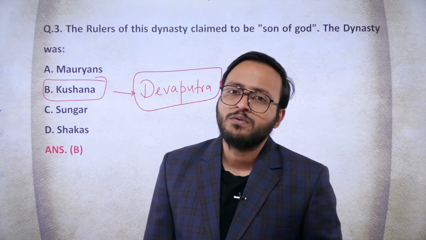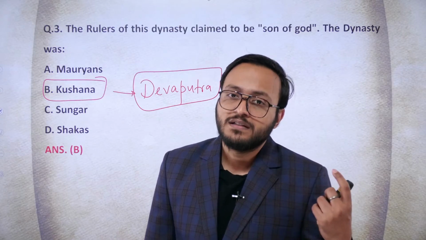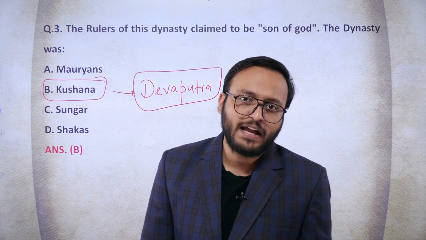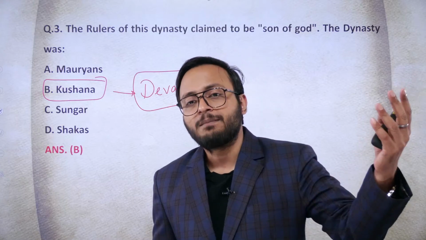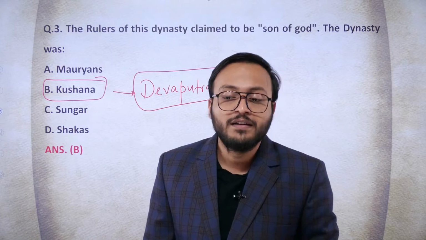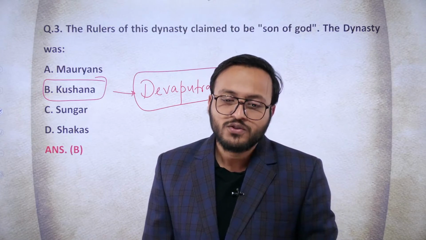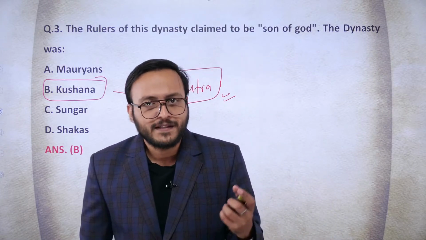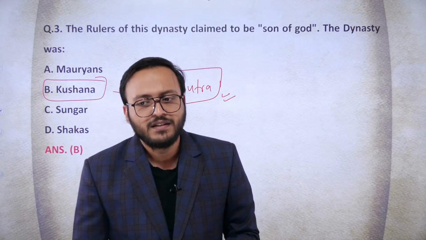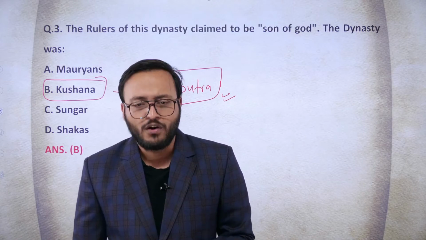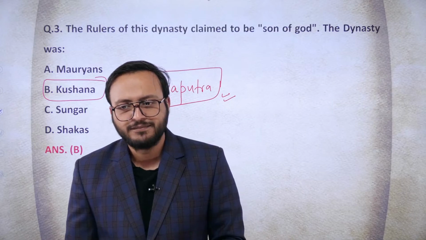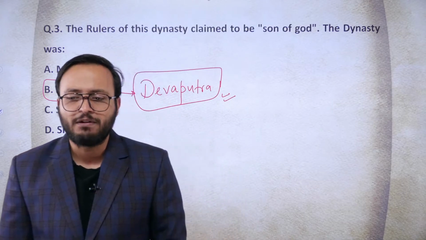In fact, even during Timur's time, they used to take similar titles, where they used to call themselves the son of heaven or the son of god. Okay, so that probably indicates the Central Asian influence on the Kushana rulers, of course, because they belonged to the very same place. Got it everyone? I hope it is clear to everybody.